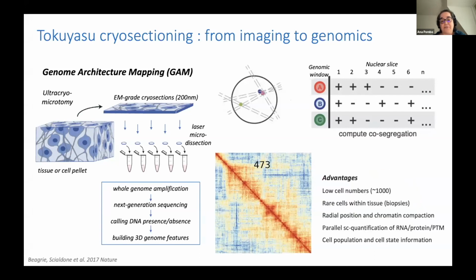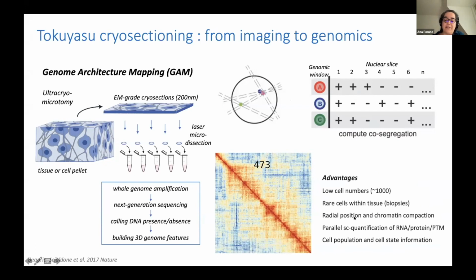So the advantages of the method are that we can indeed work with very low cell numbers. We typically use 1,000, but I think you could appreciate that even with fewer, we can extract spatial parameters. It's important because we can work with very small numbers, in particular with tissues that are very small, in biopsies. And we can extract not only the typical pairwise contacts, but also radial position and chromatin compaction.